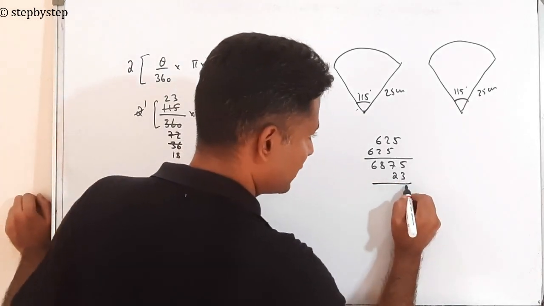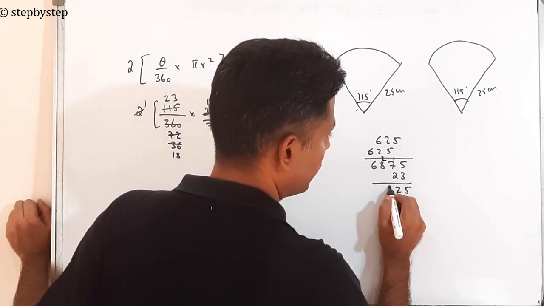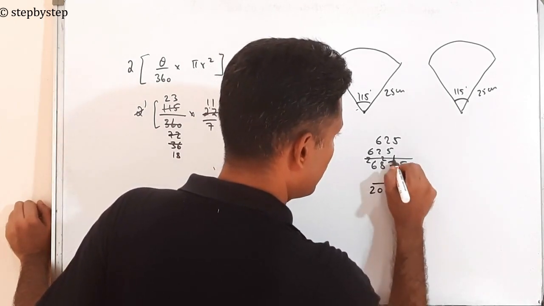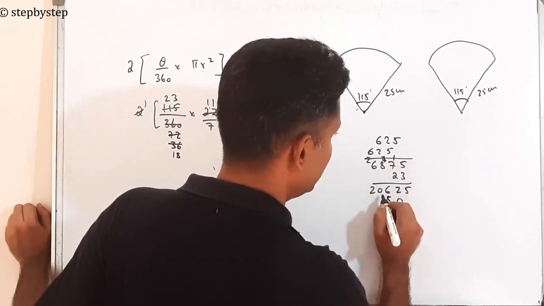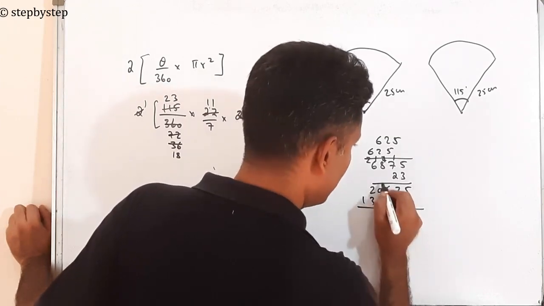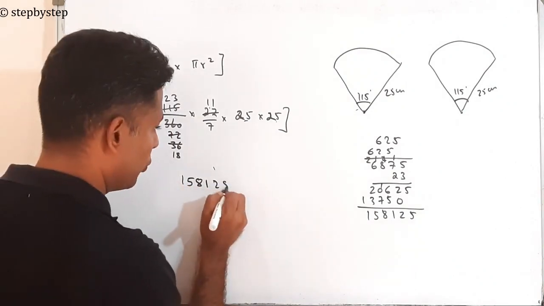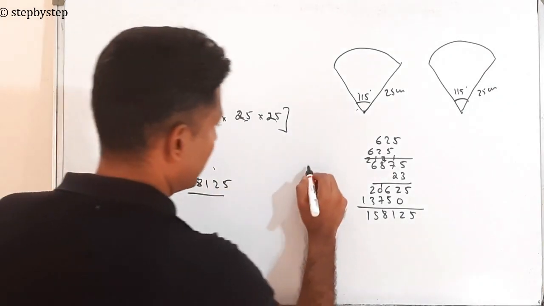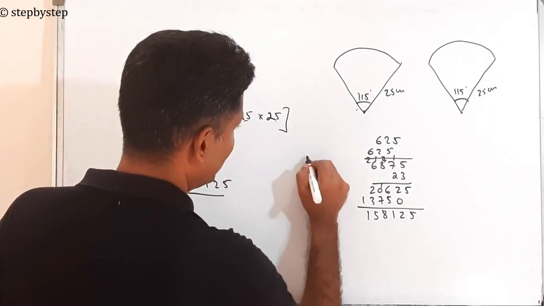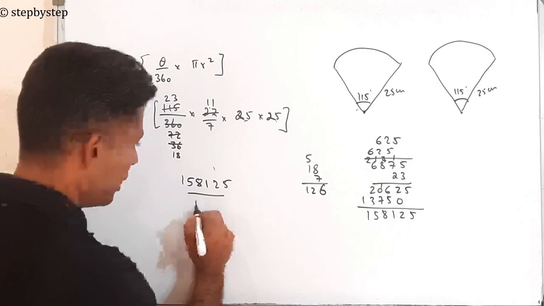Now multiplying into 23, we get 158125. So we get 158125 by 18 into 7. 18 into 7 is a very small calculation. 8 sevens are 56, 7 plus 5 is 12, so 126.